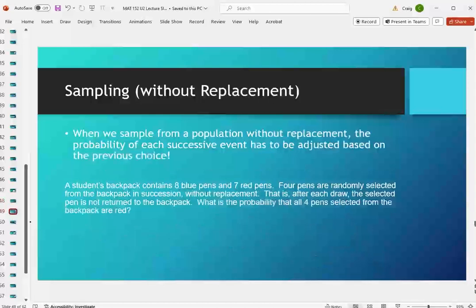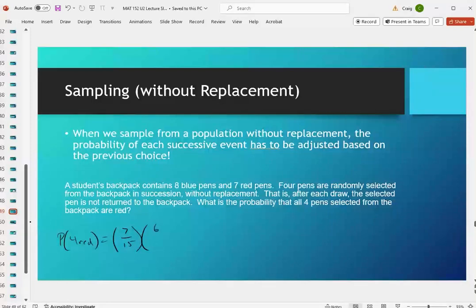If we do this without replacement, then the previous probability has to be adjusted, just like we did with the cards. So if we want to choose 4 red pens, but now we're not going to replace them each time, then the probability changes each time. On our first choice, it's still 7 over 15. But in the next choice, now we've removed one red pen and one pen overall.